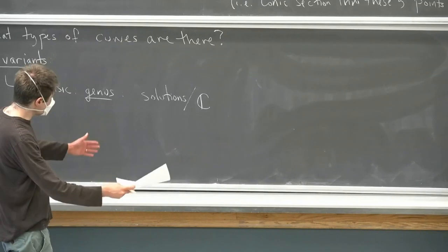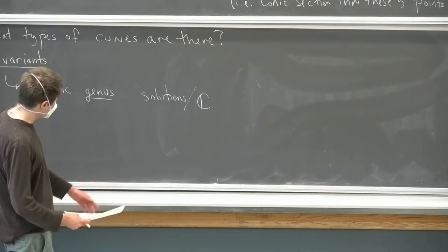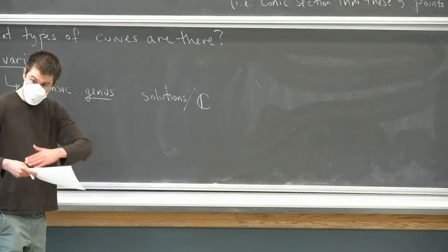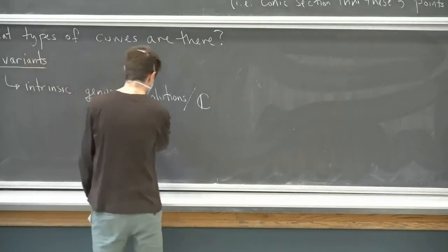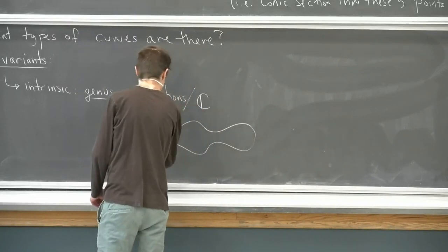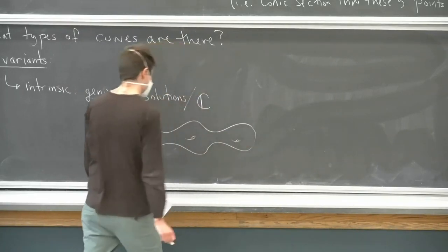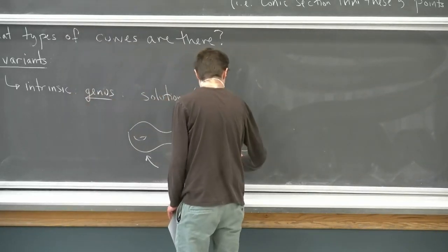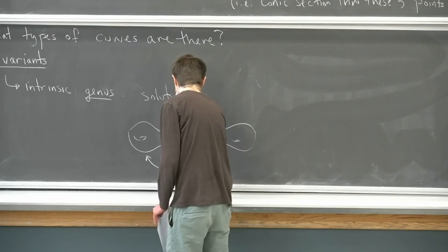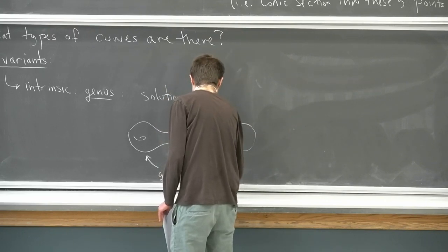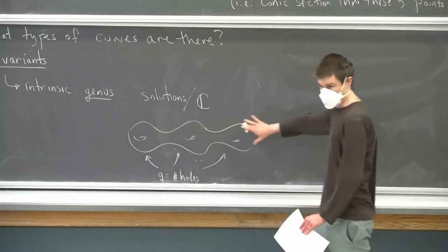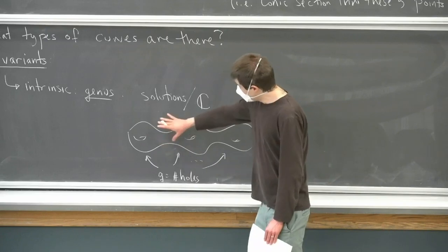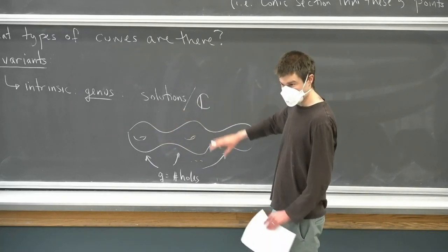And if I look at the solutions over the complex numbers, then they form some one-dimensional complex manifold. It's a real two-dimensional manifold. And now, what I do is I count the number of holes in this two-dimensional real manifold. And that's a topological invariant called the genus of this curve.